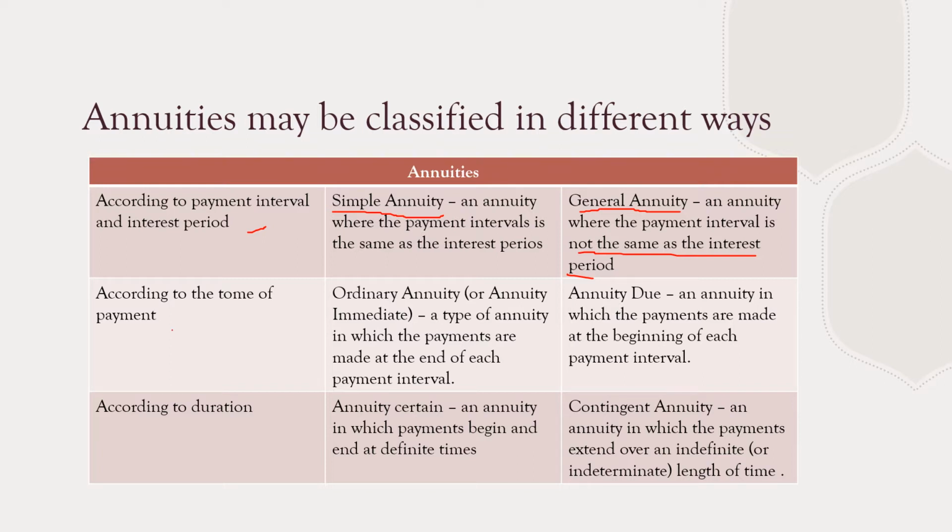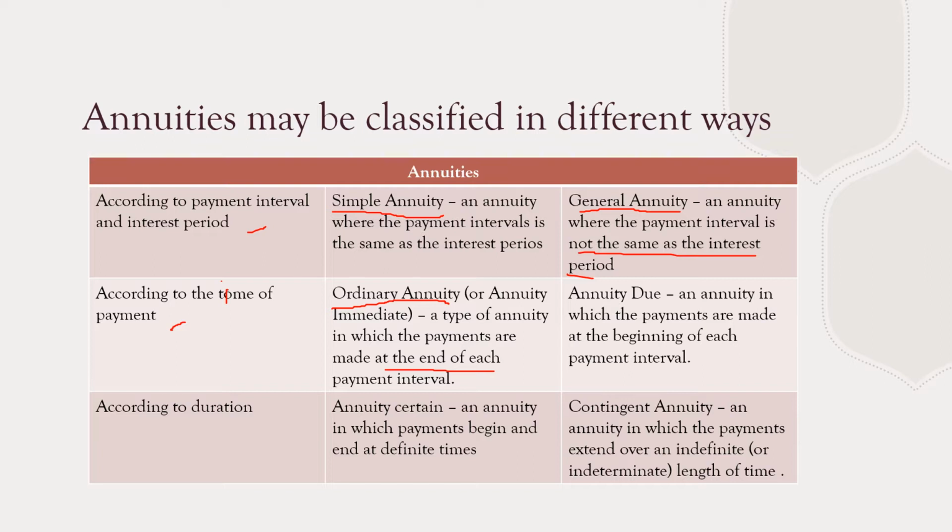We also have according to the time of payment. So we have ordinary annuity, also known as annuity immediate. This is a type of annuity in which the payments are made at the end of each payment interval.